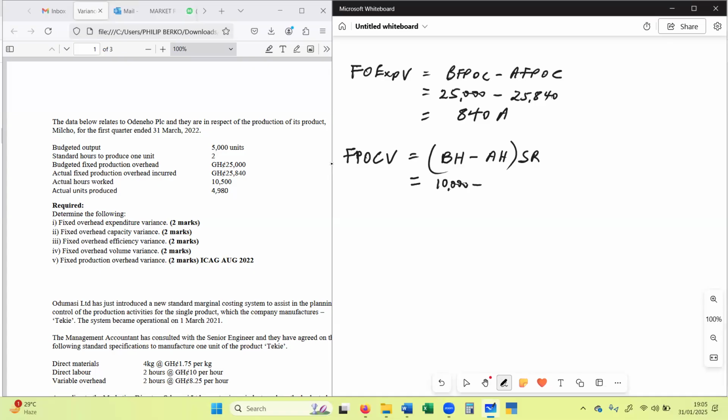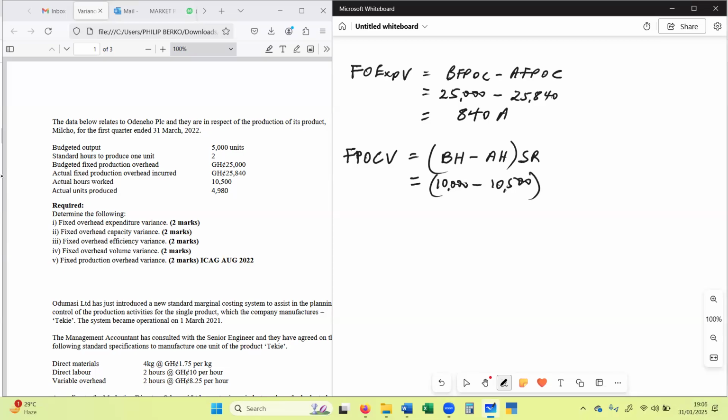And then the actual hours is 10,500. Sometimes you have to intentionally make a mistake to see if your people are following. So that'll be 10,500.